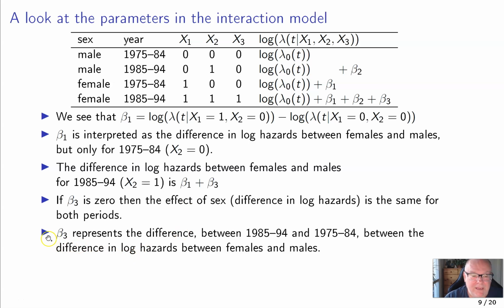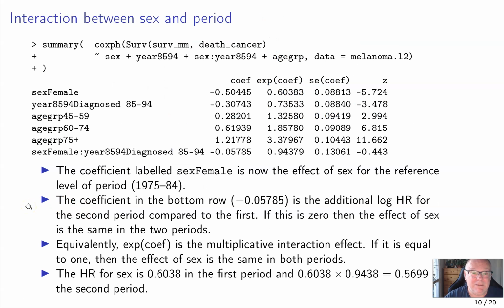So beta 3 is the additional effect of sex in the second period, or we can think of it as the difference between the two periods, between the difference in the log hazards between females and males. This is a technical definition. It's the additional effect of sex between the periods. And we can do a formal test for whether beta 3 is 0.